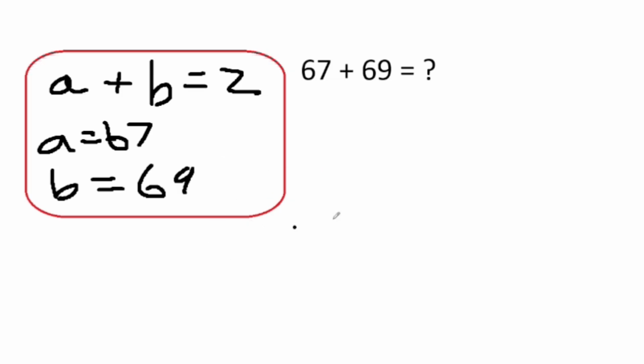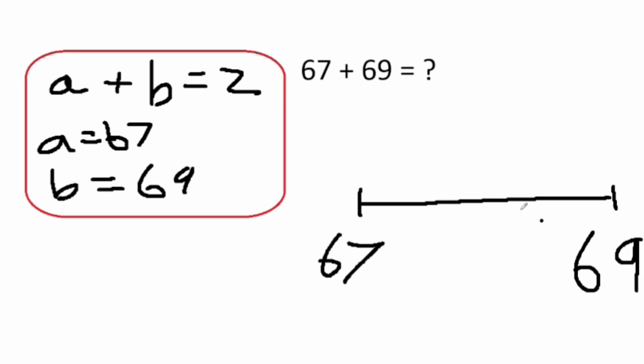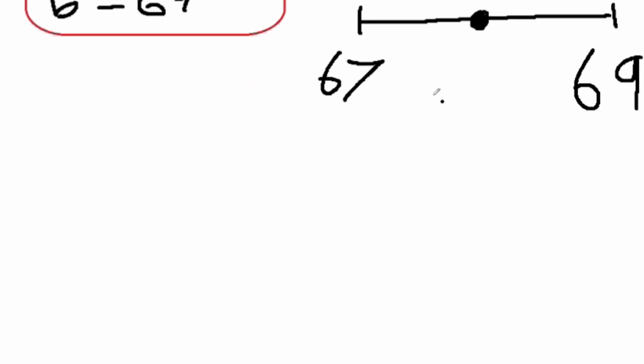So here, let's get the average of a and b, so we can just multiply that by 2 to get z. So the average, or what we can say the midpoint, so we can make a line here, 67 and 69. Then we can get the average, and since there's two numbers we're adding, we can just multiply that by 2. So here, what is the average of 67 and 69?